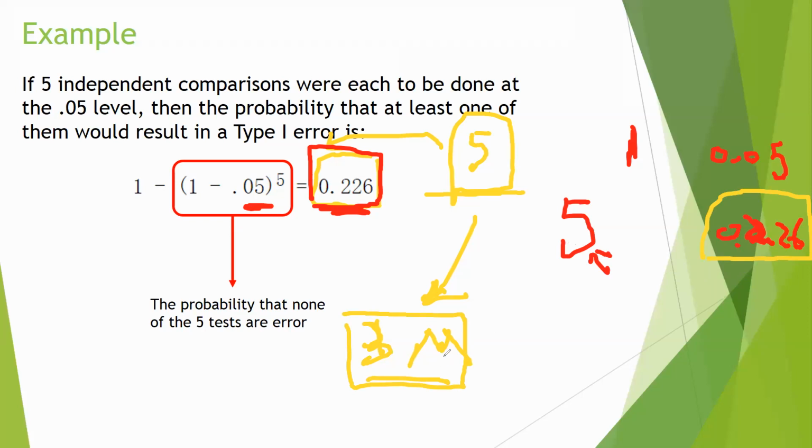Let's think about this as a large number of comparisons. If we test 3 million, this number will become 3 million. I don't have a calculator, so you can help me calculate this. If this 5 becomes 3 million, this number will be very close to 0, and this family-wise probability is close to 1, which means you can never make a correct call. You always make an incorrect call.